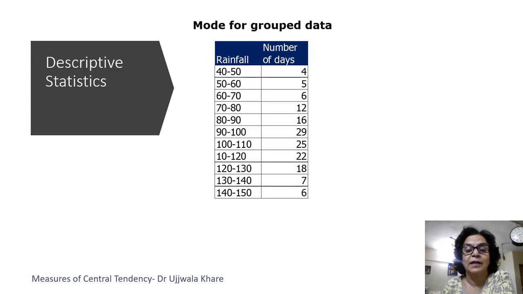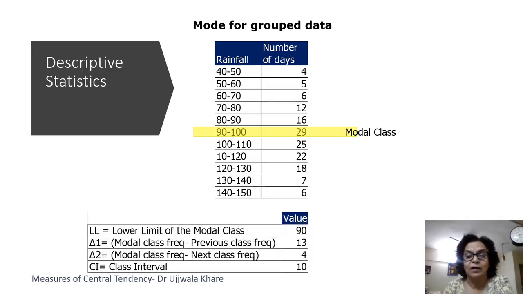Now, for group data, we are taking the example of rainfall again, and we have made certain classes, and we have found out the number of days when this kind of rainfall is occurring, starting from the lowest 40 to 50, which is 4, and the highest class is 140 to 150, that is 6 days. Now the frequency is highest where the rainfall is between 90 and 100 millimeters. So that is called the modal class.